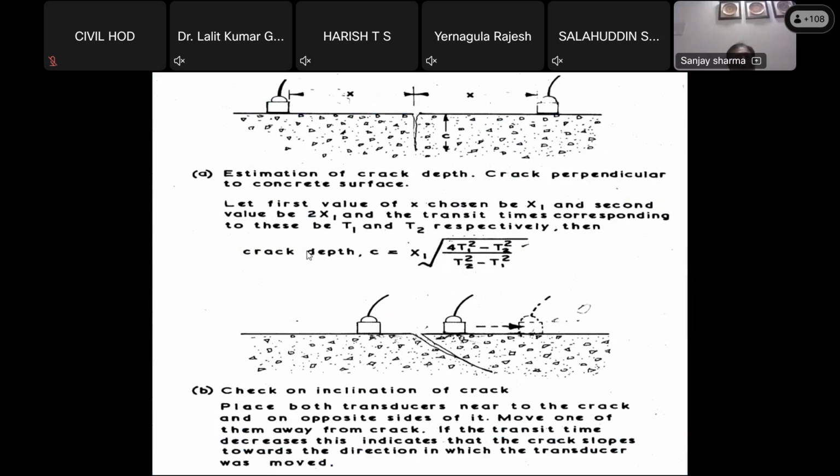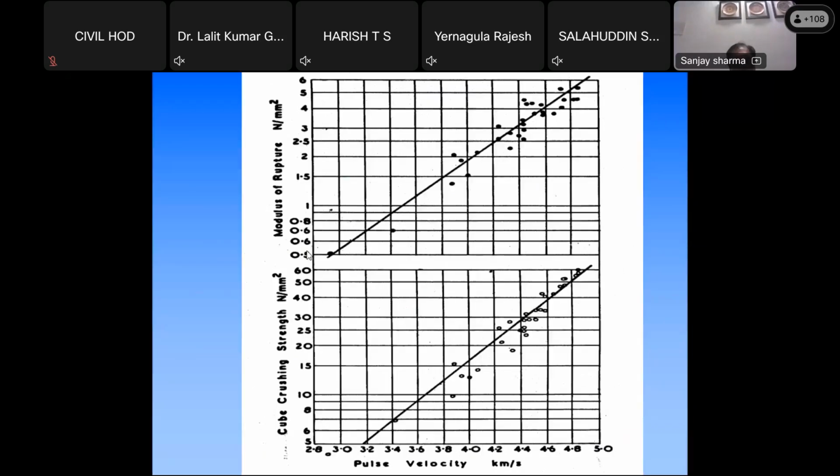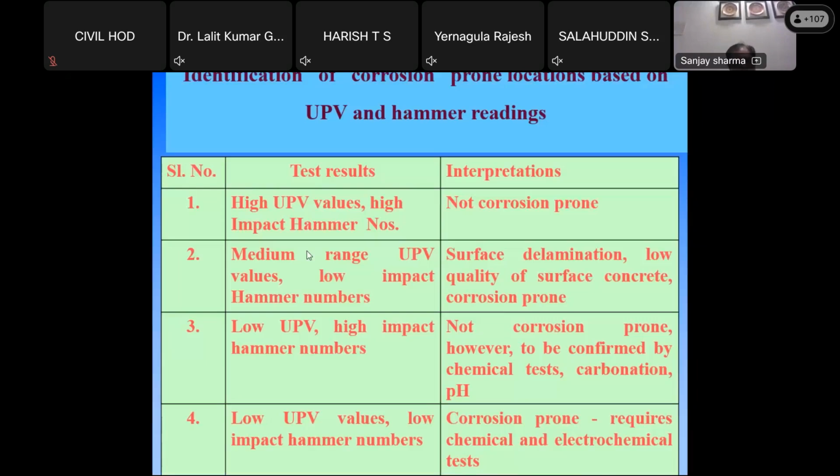But you can determine crack propagation and the UPV value along that. And if you are using both hammer and this together, it is telling you, okay, high value, high impact, no corrosion, medium range UPV. Because many times it happens that because of carbonation we are getting a high rebound number, but there is some debonding between the concrete and the reinforcing bars, and those are giving low values.